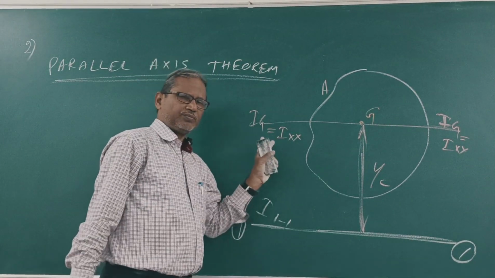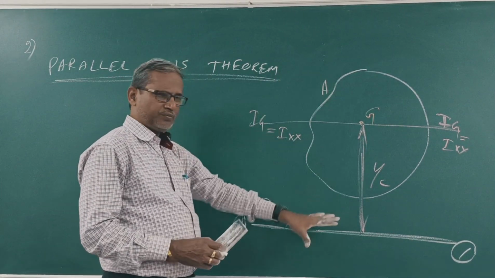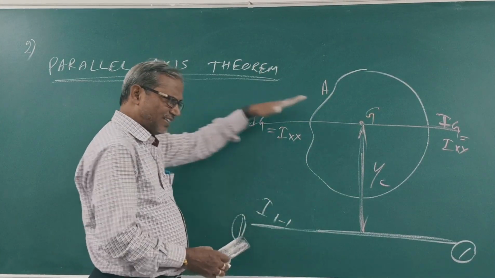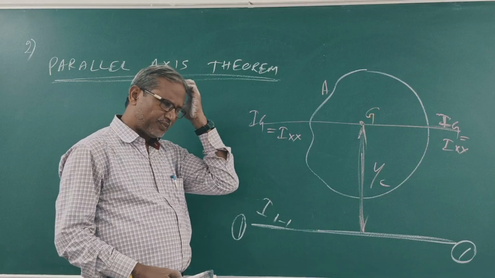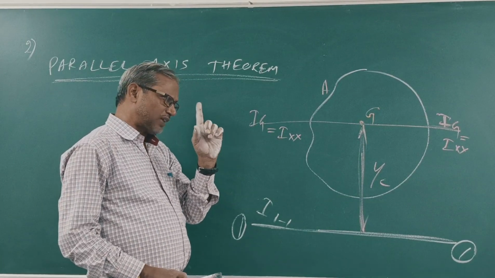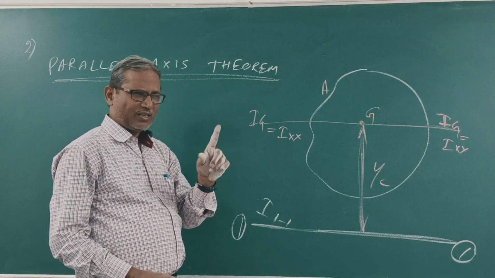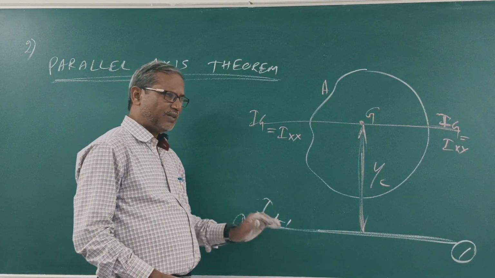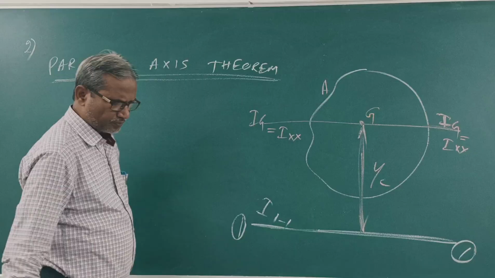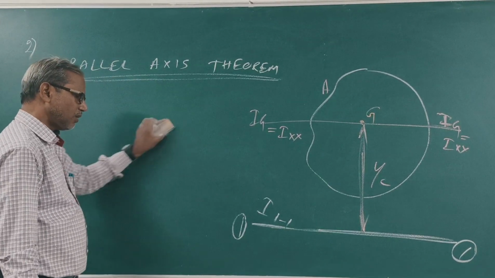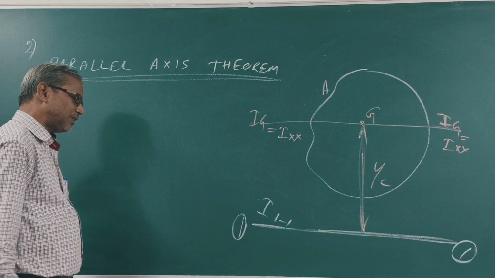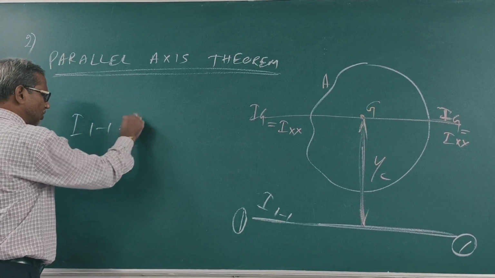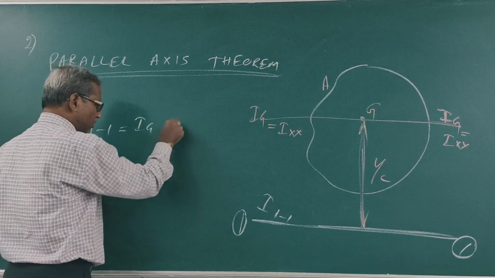This is the figure, area A, centroid, Yc, IG, I11. Clear? Our target is to find the moment of inertia about axis 1 1. So the statement is I11 is equal to Ig plus A into Yc square.